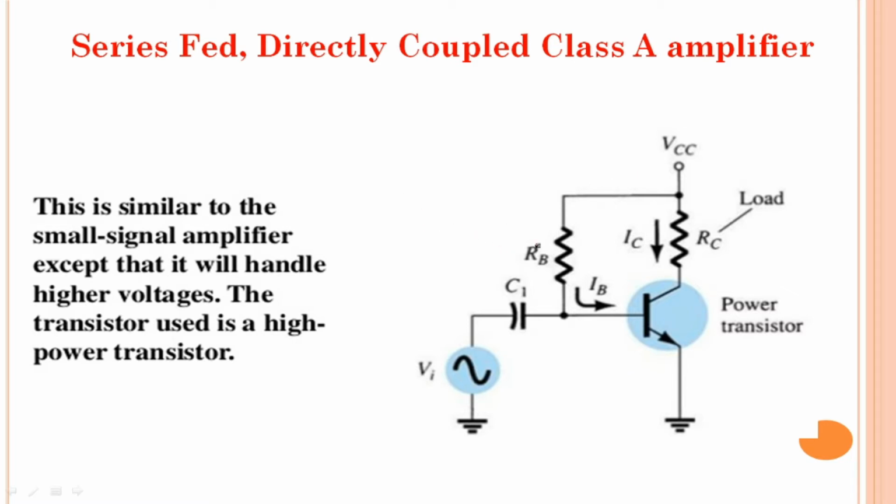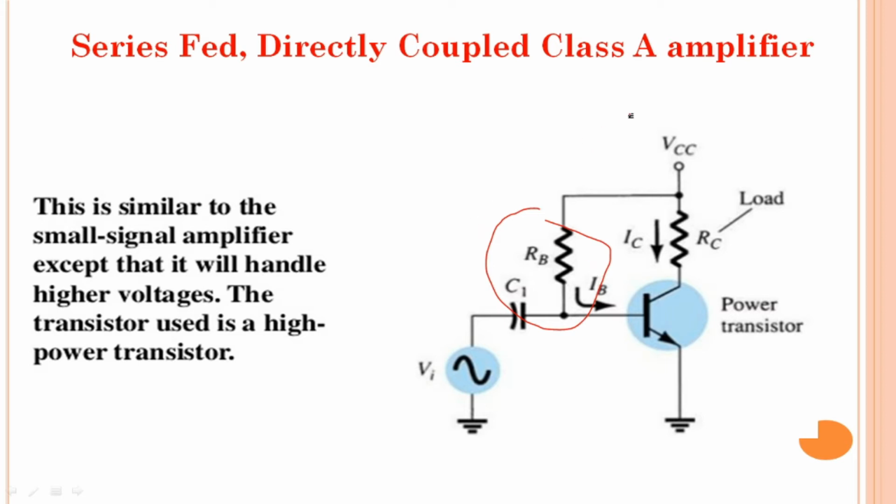It is called series fed since fixed biasing is used for this amplifier. The resistor RB is adjusted in such a way that the Q point of the transistor is exactly in the middle of the DC load line.